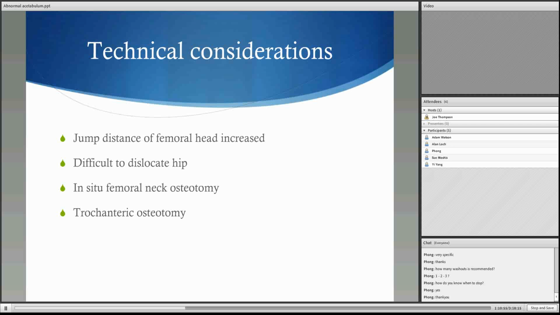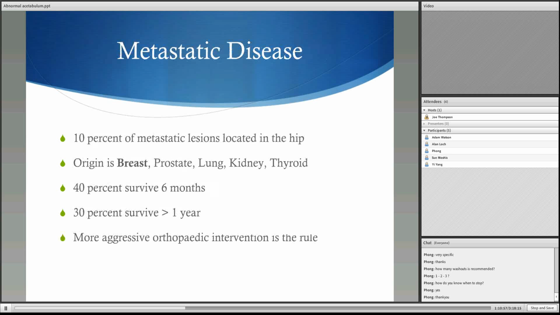And another option is to take the femoral head and shape it into a concave convex graft and put it in immediately. Those situations where there is also a medial wall defect, then in addition to bone grafting, you need to augment the fixation with screws, cages, or an anti-protrusio ring.